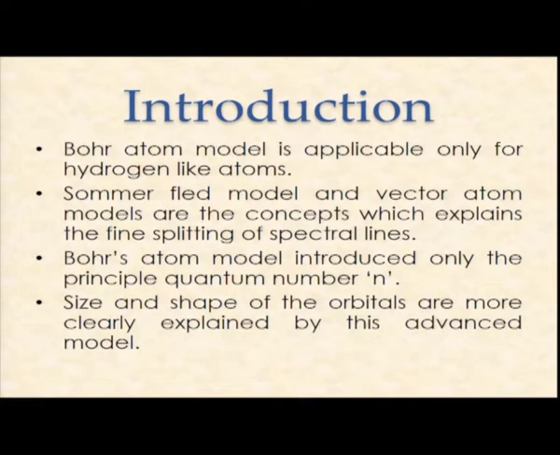A spectral line emitted by an atom is based on the transition of the electrons in the atom. We know the Bohr atom model proposed the concept of electrons transiting from a higher energy level to a lower energy level, and while transiting, radiations are emitted.